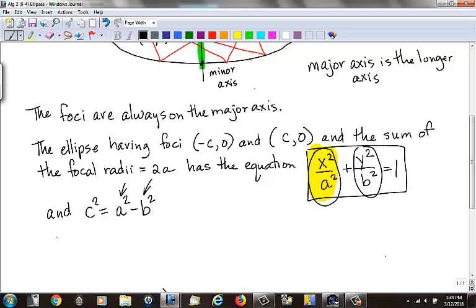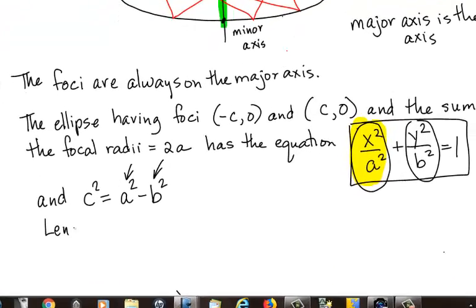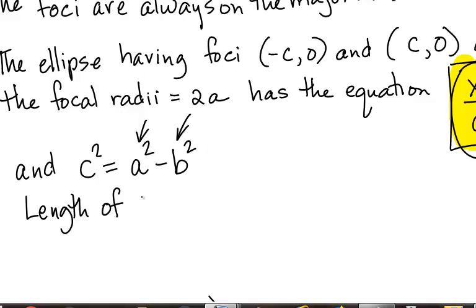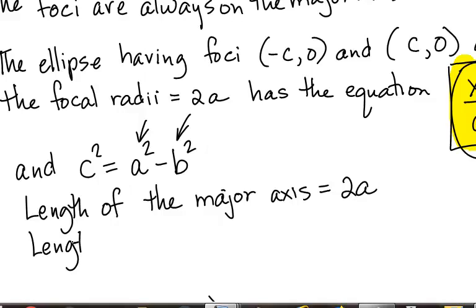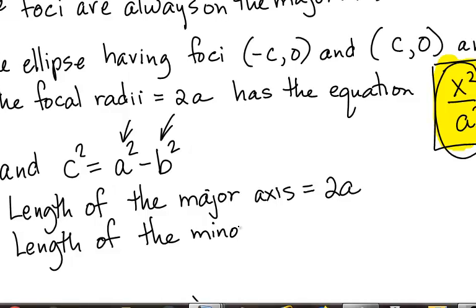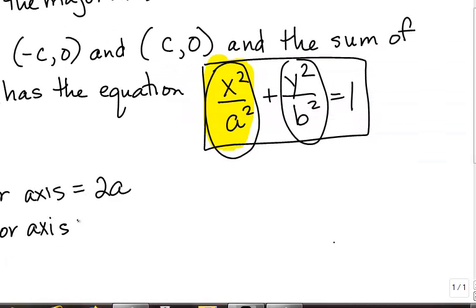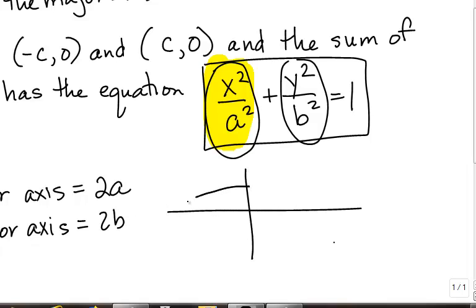Yep. Okay, and on this, the length of the major axis is equal to 2a, and the length of the minor axis is equal to 2b. So if you looked at your picture, the major axis on this picture is the x-axis, the center's at 0, 0.